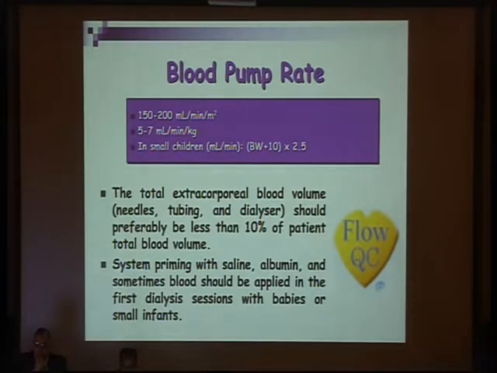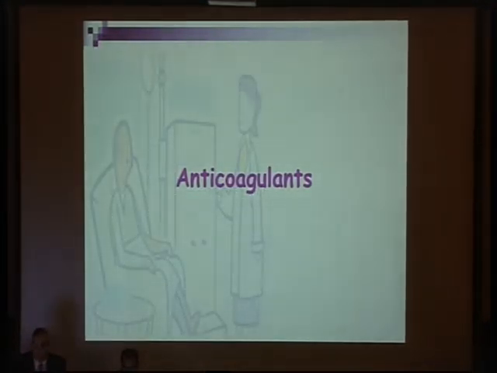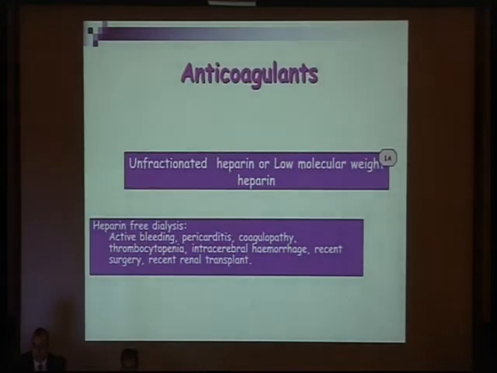So the total extracorporeal blood volume should be less than 10% of the patient's total blood volume. And system priming may be done with saline, albumin, and sometimes with blood. It should be applied in the first dialysis session for babies and young infants. Also, we use anticoagulants.